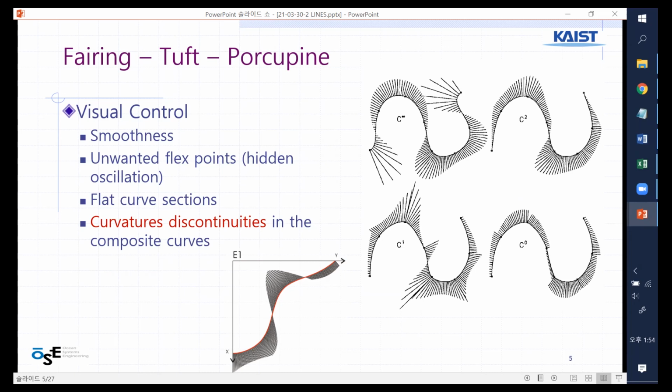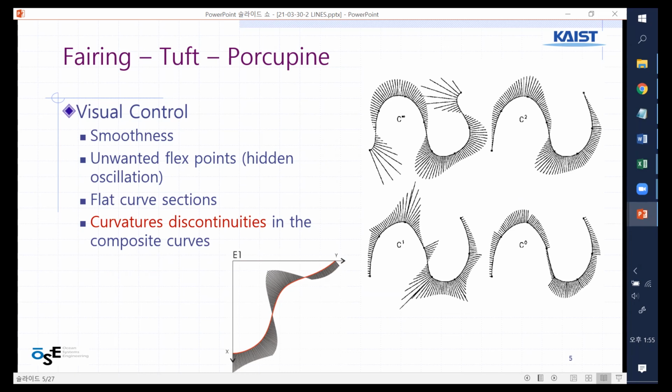Why? It is very important for hydrodynamics along the surface, and also, how can I say, for looking great. When the sun is shining and you see the car reflect colors, light is reflecting. If the surface is not C2 curvature continuous, the reflected lighting is not pretty.